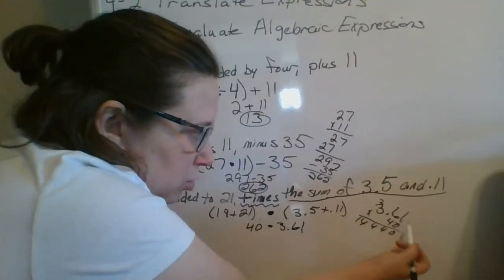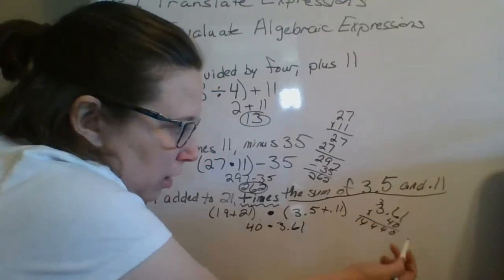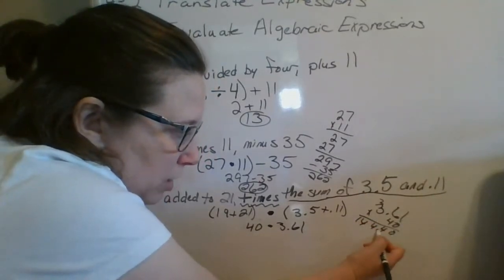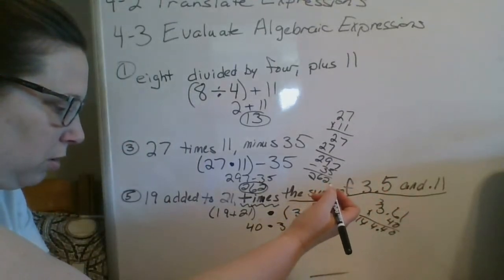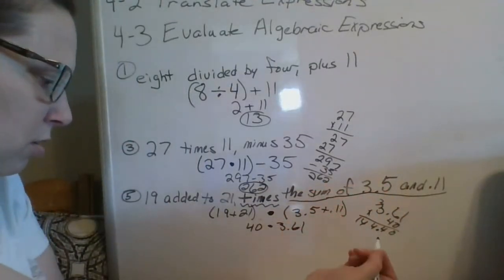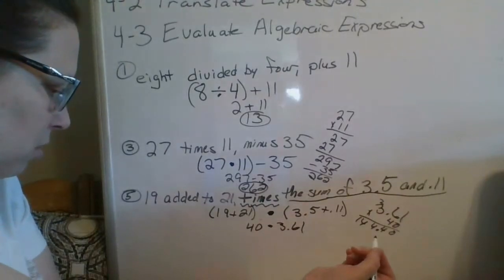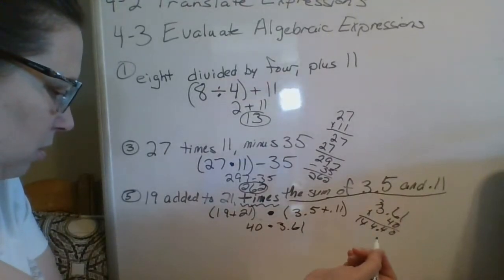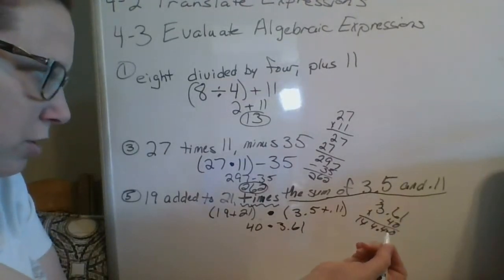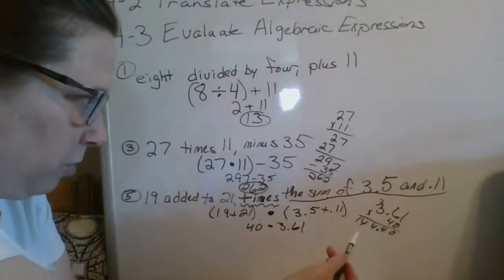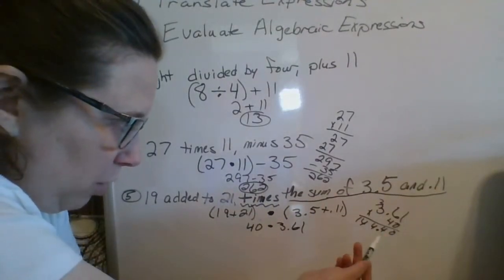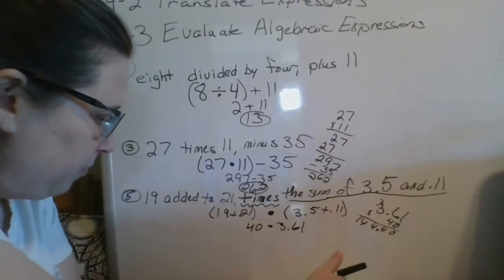I have 2 decimal places in my problem, so I need 2 in my answer. So our final... I just realized I wrote this problem wrong. Well, our final answer to this problem would be 144 and 4/10.